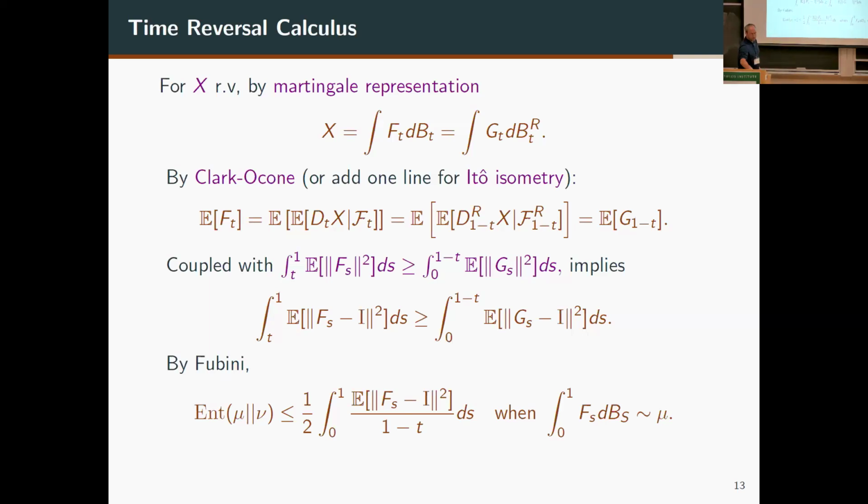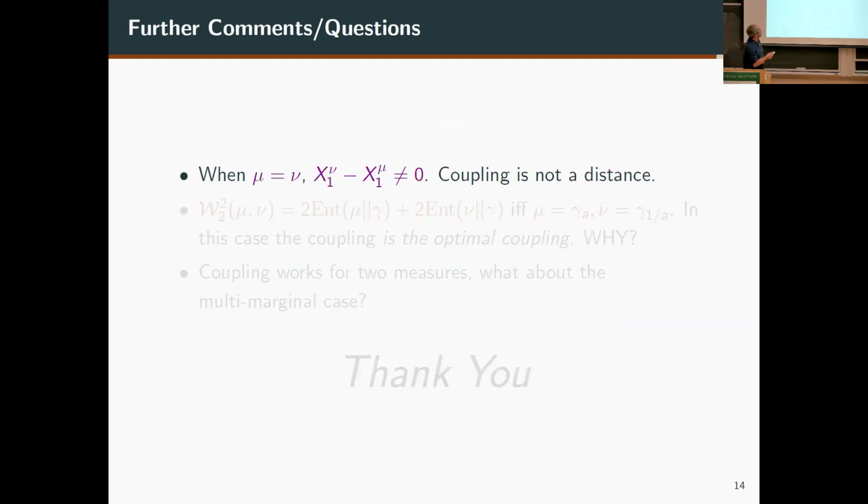Okay, and I'll maybe end with a few comments. So, it's a coupling. It's definitely not a distance, right? When we took the trivial coupling here, it's very clear that if X and Y have the same laws, then they will have the exact same terminal points, so it defines some distance.